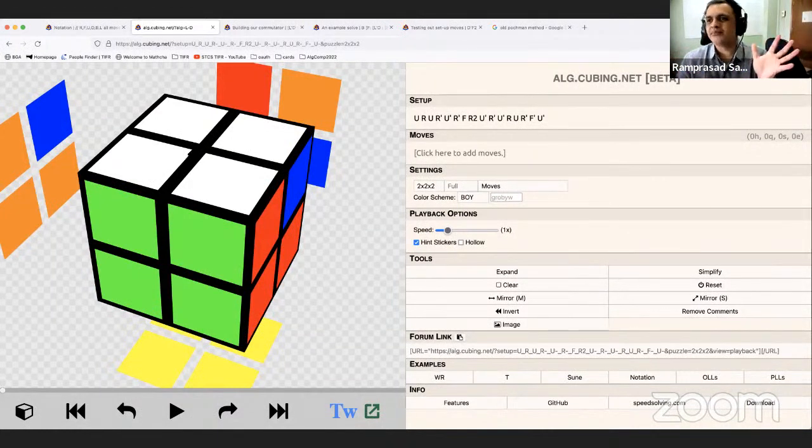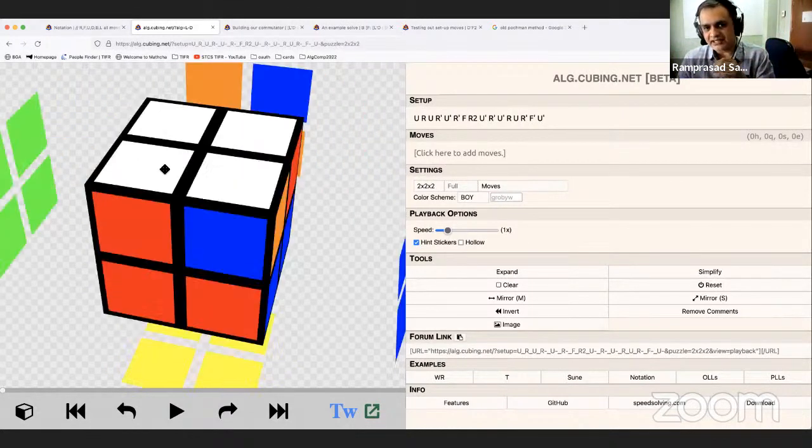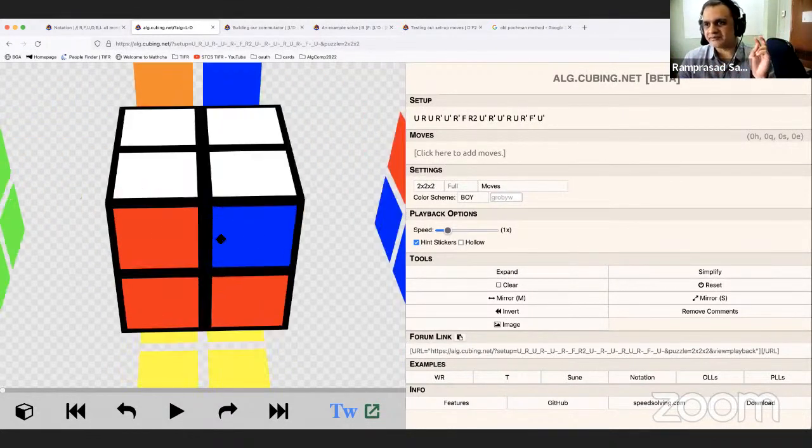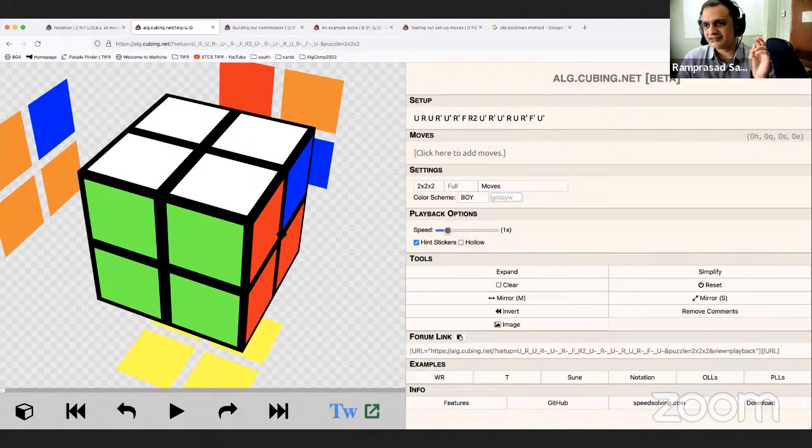You're not doing it in the same order, but anything that you're doing is undone. Whereas this particular thing is an odd permutation. So if all you're using is commutators and conjugates, you'll never get an odd permutation. So the question is, how do I fix this? If only I had one more odd permutation that I could use.